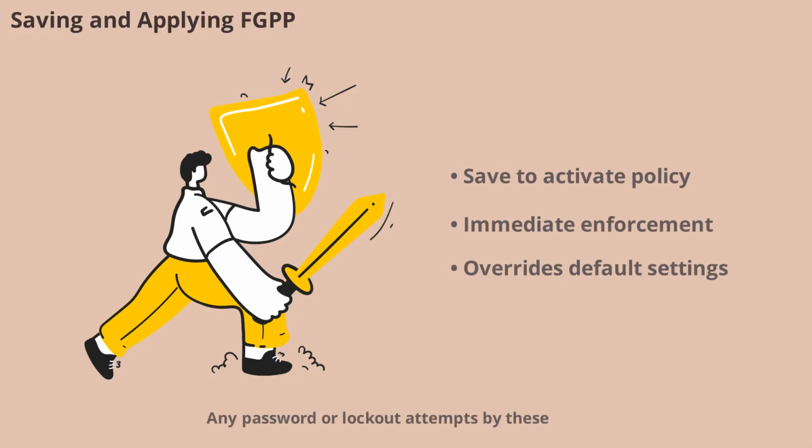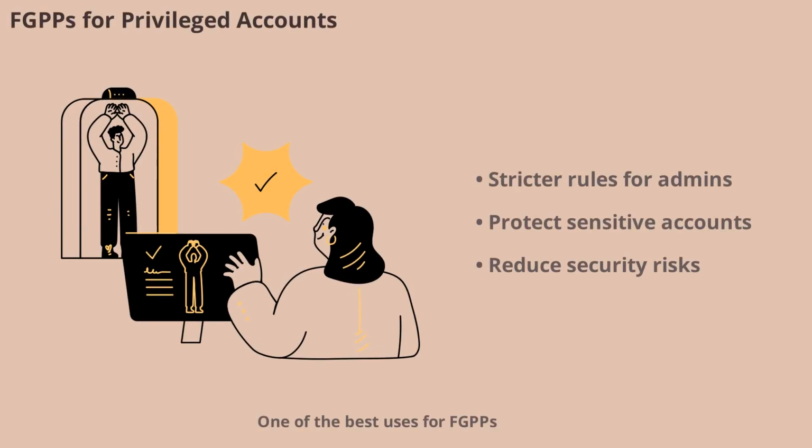Any password or lockout attempts by these accounts will follow the new rules you've set, overriding the default domain policy for them. One of the best uses for FGPPs is applying stricter password requirements to privileged accounts, such as administrators or service accounts. By enforcing longer passwords, increased complexity, and tighter lockout policies, you can significantly reduce the risk of unauthorized access to your most sensitive resources.